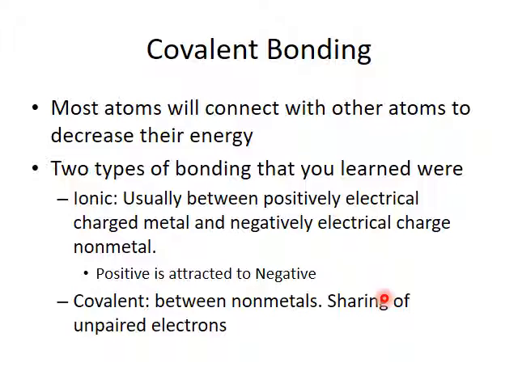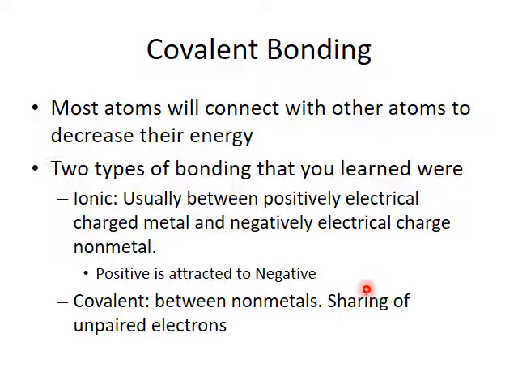One is ionic, when a positively charged ion, usually a metal, interacts with a negatively charged nonmetal. Positive ions are called cations, negative ions are called anions, and that attraction is called the ionic bond. Then there are covalent bonds, and covalent bonds are between nonmetals.